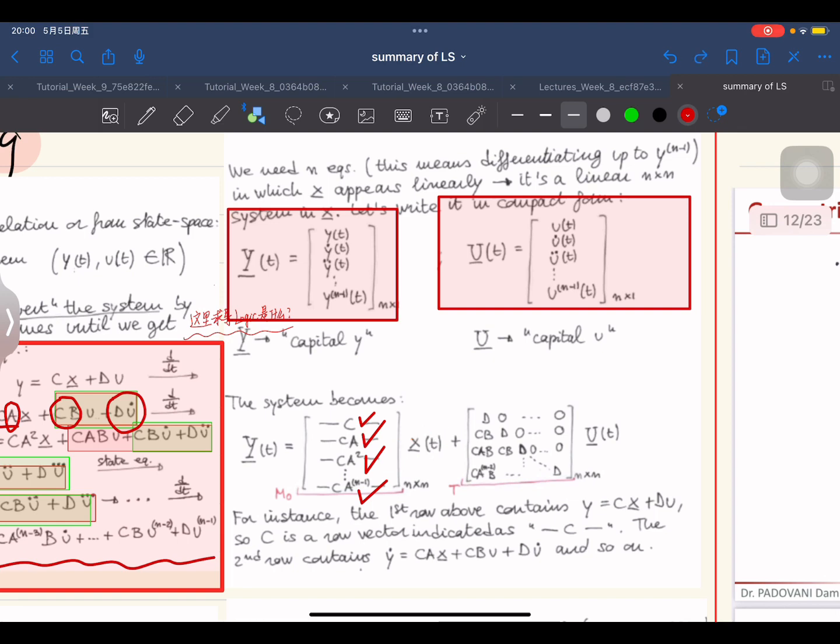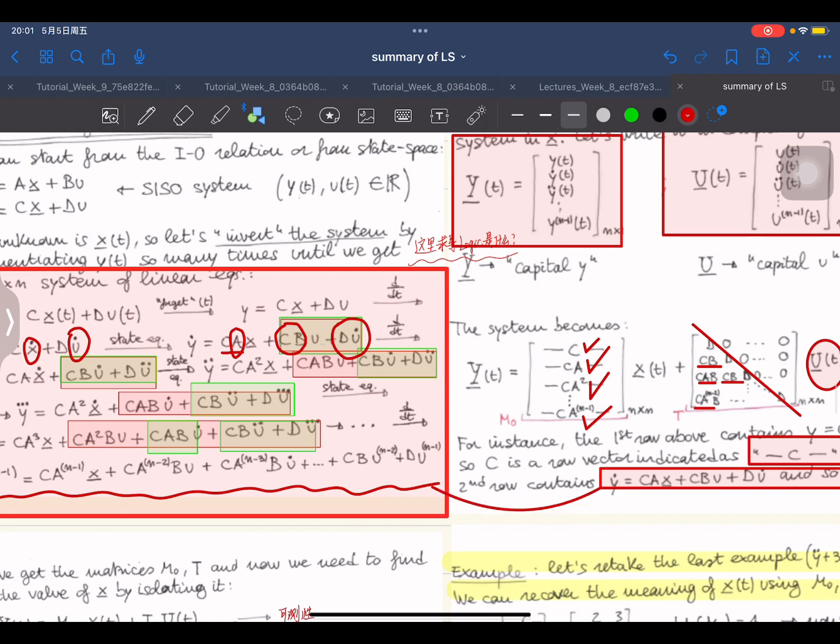For the input, it will become CB, up to CA to the n minus 2 power B, and the diagonal is D. For instance, the first row contains y equals CS plus DU, where C is now a vector. The second row contains this one, and so on. The third row is as you have seen.